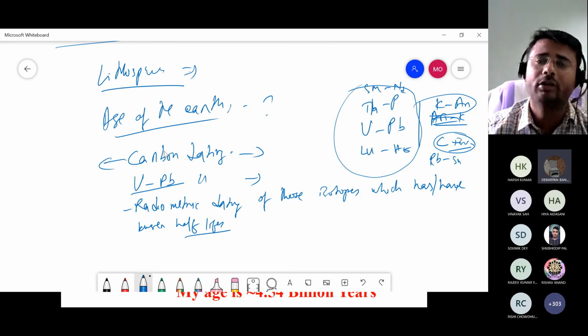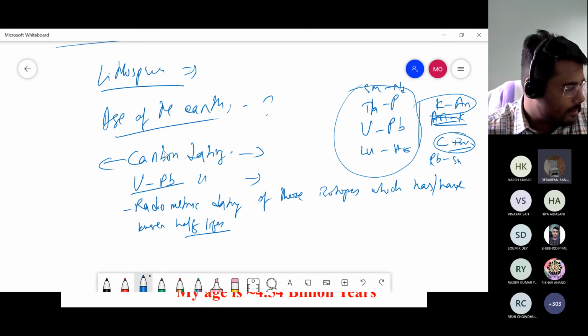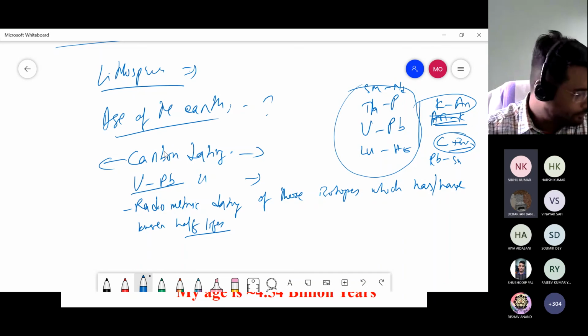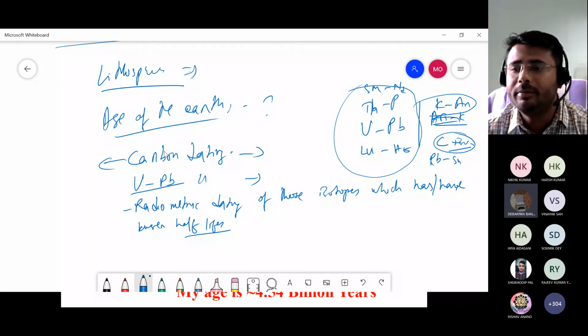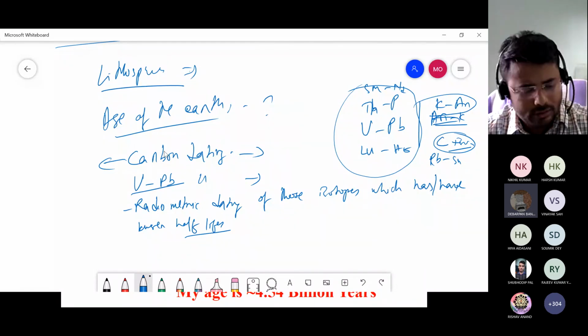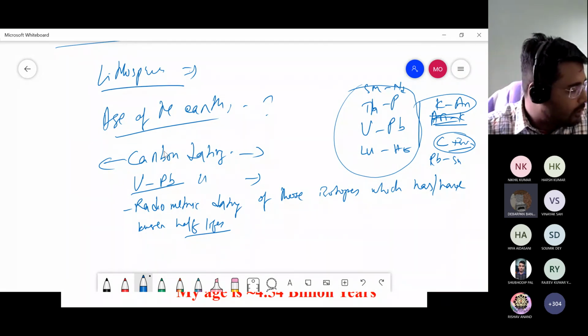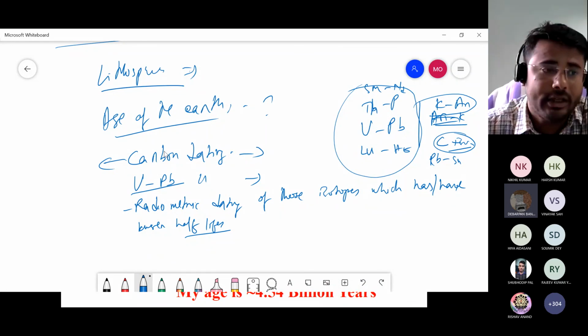Initially our planet got formed and evolved, then the biosphere came into the picture. What is the basic difference between organic and inorganic carbon? One is produced from living beings, the other from non-living beings. So we use carbon dating only on living things, not non-living things.